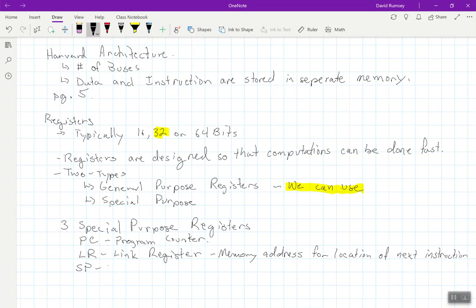And then SP stands for the stack pointer. This holds the memory address for the top of the stack.